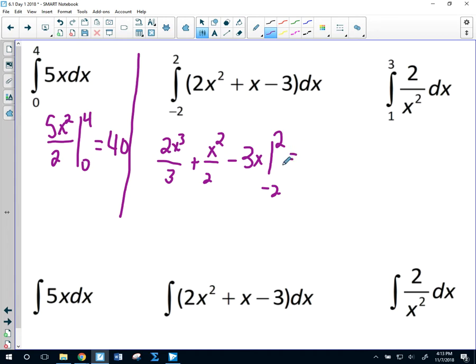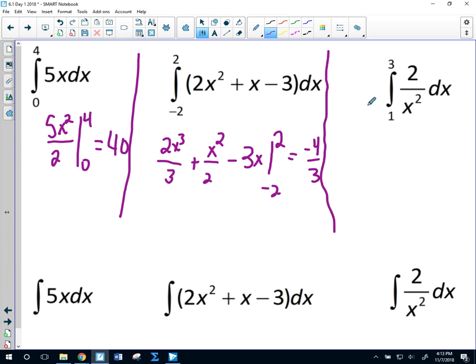If you were to do all the work and substitute 2 into each x and subtract what you get when you substitute negative 2 into each x, you would find that this answer is negative 4/3. I don't want to take all the time to work all of that out.